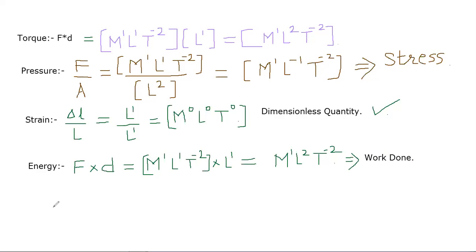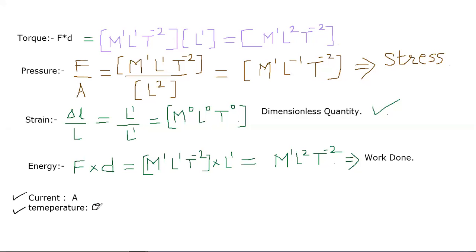Now, are there any other dimensions beyond this MLT, that is the mass, length, and time? Yes, there are other dimensions also, such as current. Current we measure in ampere, right? For current we can use capital A, and for temperature we can use theta.